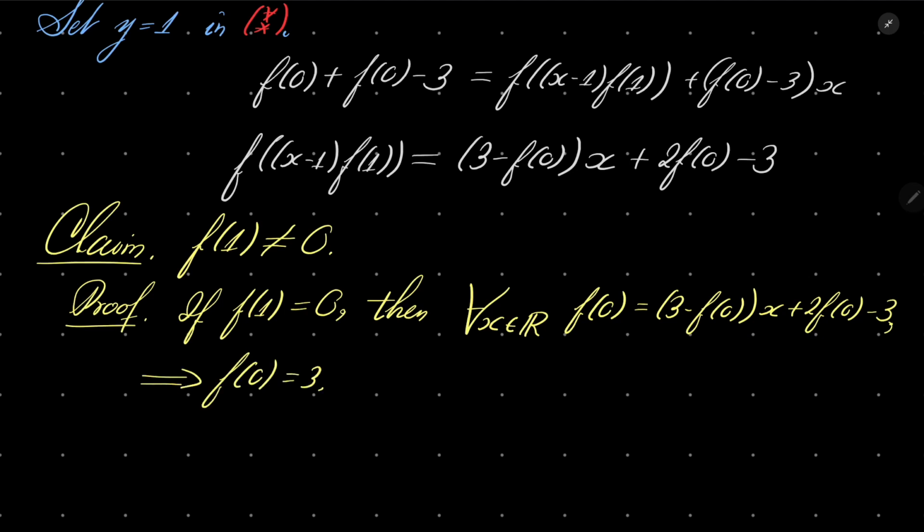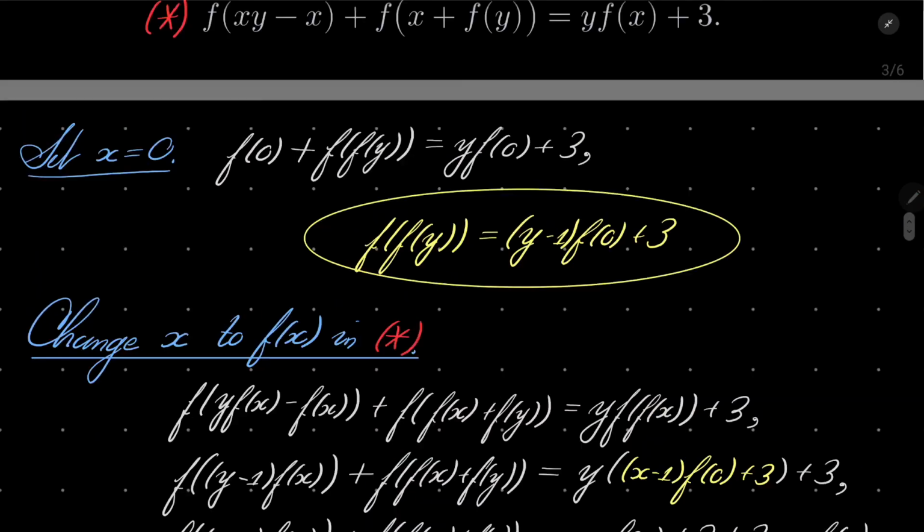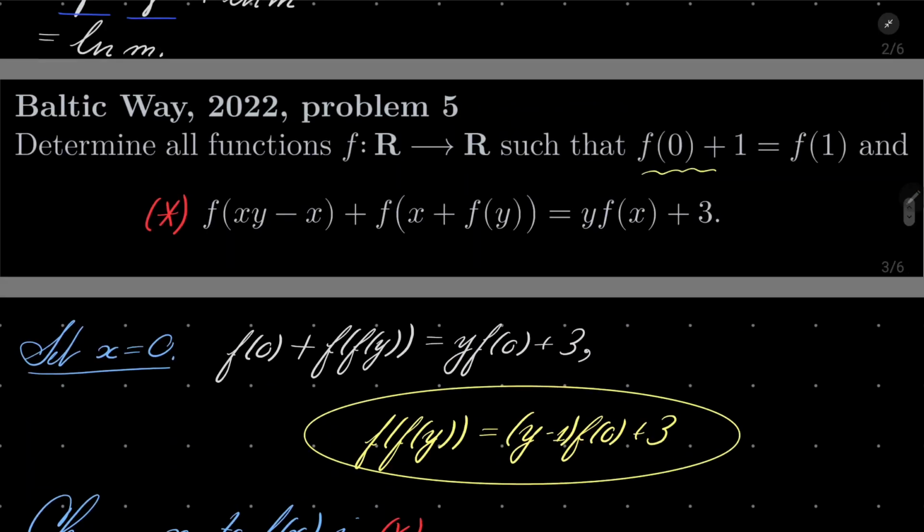But if f of 0 equals 3, then what do we have? If we go back to our very first initial condition, remember that f of 0 plus 1 should be equal to f of 1. Let's mark it, I don't know, triangle.